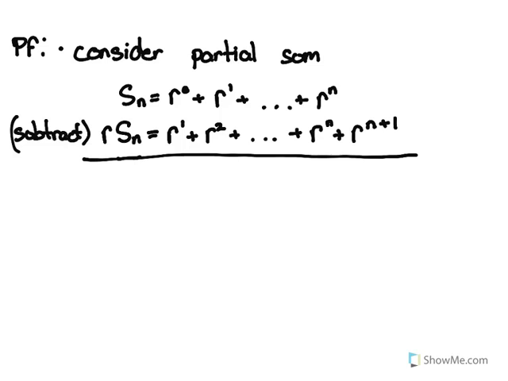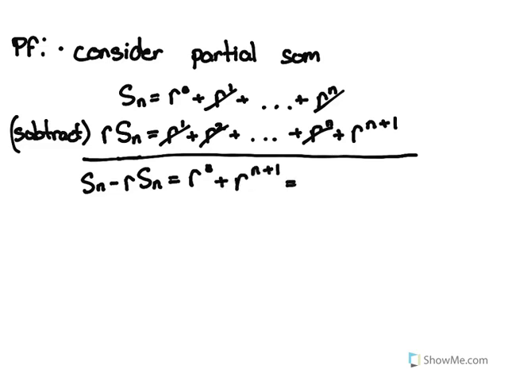So we get Sn minus r Sn is equal to r to the power of 0. All these terms here cancel, and r to the n cancels, and we're just left with r to the n plus 1. And again, r to the 0 is just equal to 1.